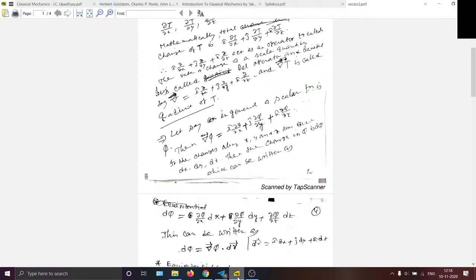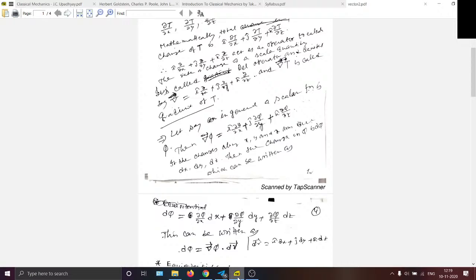More in general we use the term grad phi, where phi is a scalar function or scalar field. Grad phi is equal to i cap del phi del x plus j cap del phi del y plus k cap del phi del z, as in the temperature case.